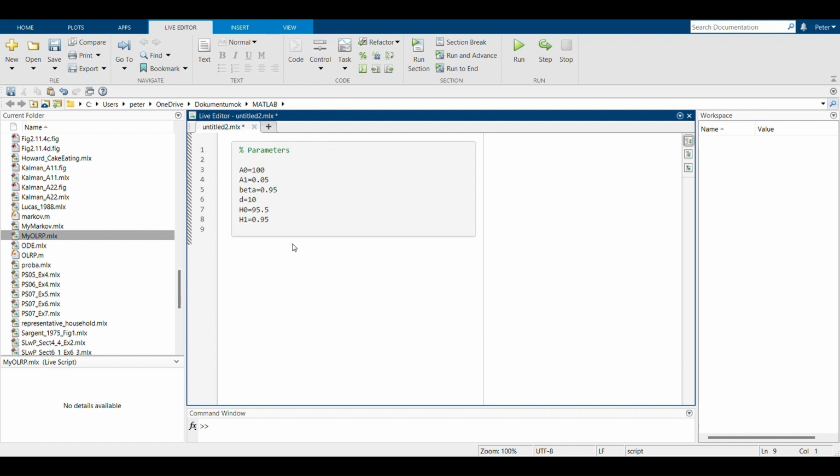Okay, and let's take a section break and let's go on with the matrices.